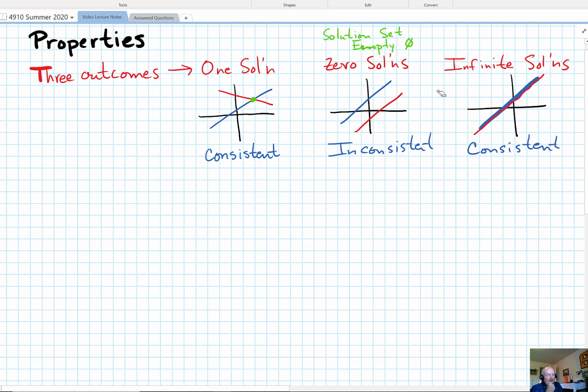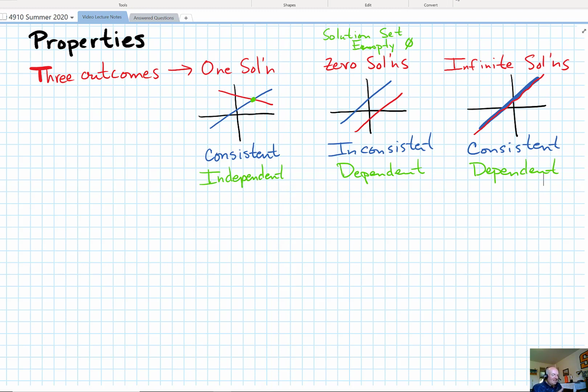The other terms that we'll use: this is independent, and both of these are dependent. So sometimes we'll be talking about whether they're consistent or inconsistent. Sometimes we're worried about whether they're dependent or independent. All right, and so there we go.